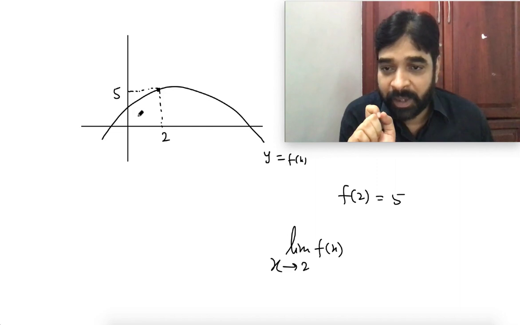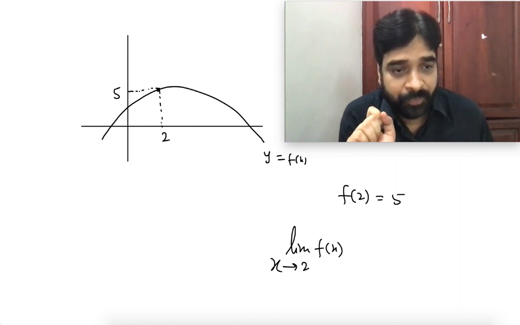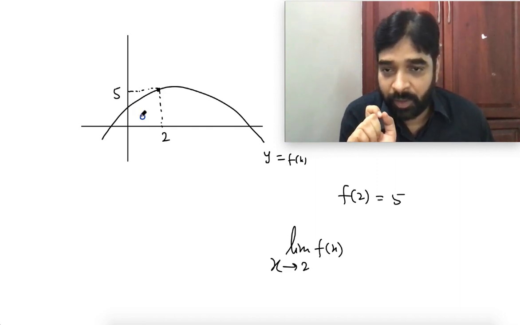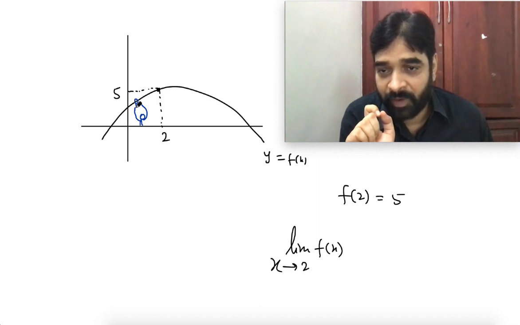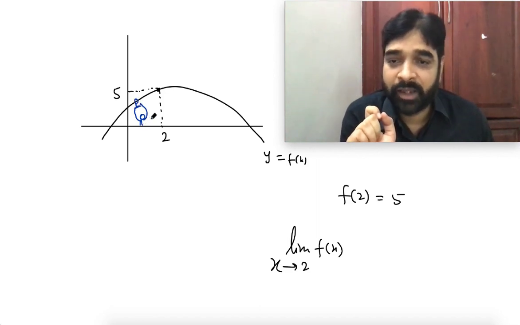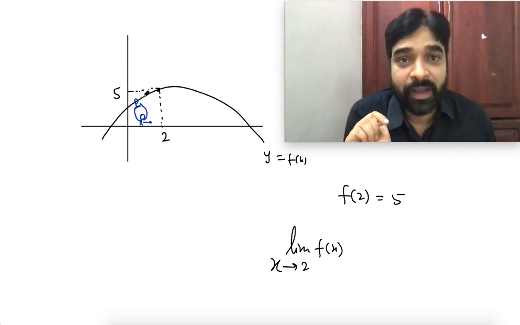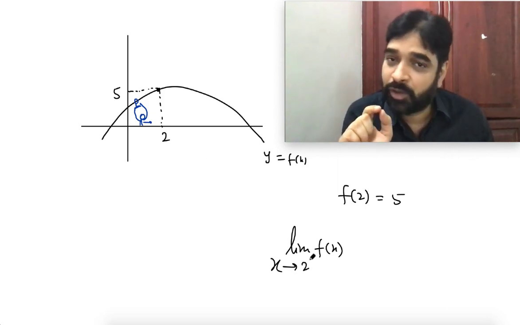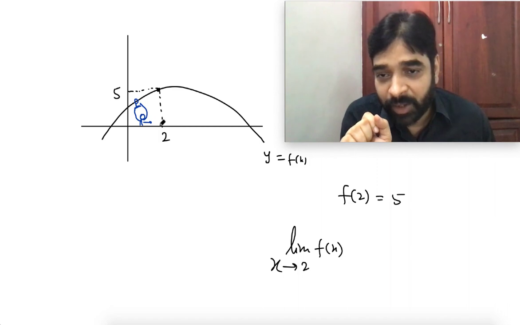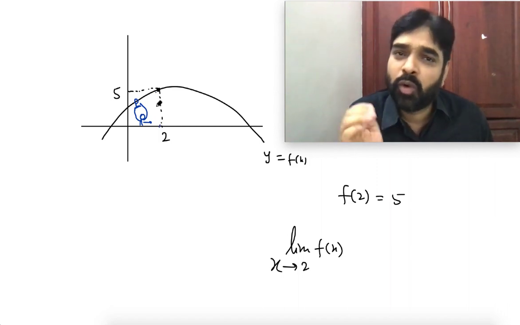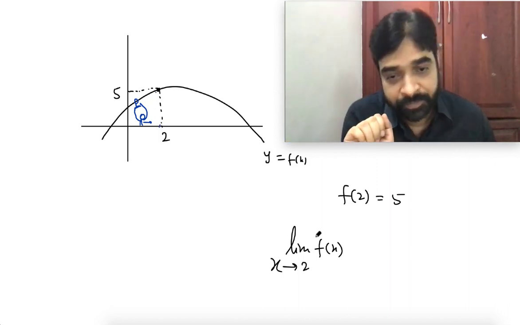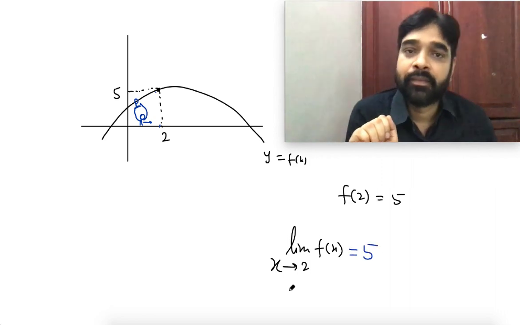Suppose some person like you is standing here holding one connection, some wire connected like this, and you start walking this way. When you start walking towards 2, this hinge point will walk towards what? Towards 5. So I will say when x approaches 2, f(x), when x is very close to 2, f(x) is close to what? 5.